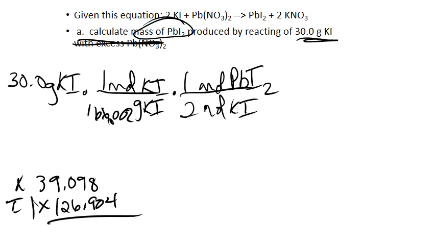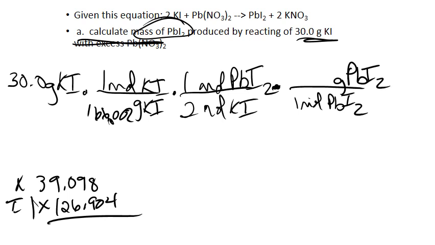Now we can move on to the next step, and we go moles to grams. Moles of PbI2 is on top, so that's what goes on bottom, and then we go to grams. We're going to have to add that up from the periodic table. And Pb is, let me find it.